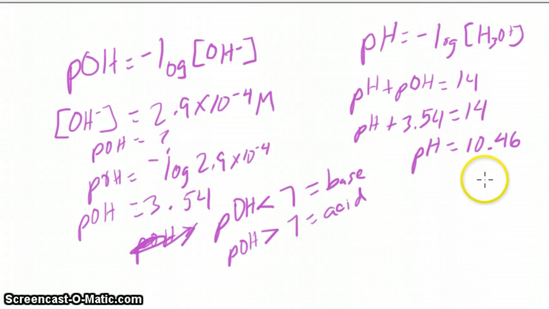And that gives us our pH. And notice that this is in a basic pH range, and on the pOH scale, it was also in a basic pOH range. So that's pOH in a nutshell, and I hope that helps you out.